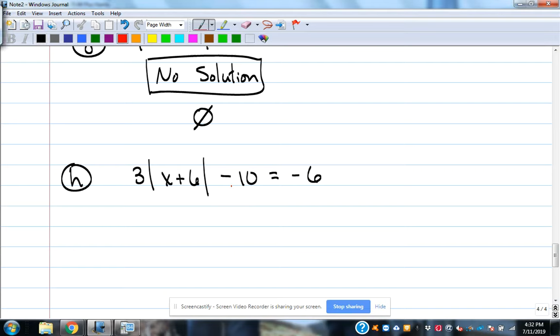So you've got to work to get the absolute value by itself. If I add 10 first, like I did on example F, 3 absolute value of x plus 6 equals negative 6 plus 10, which is positive 4. Now it's equal to a positive, so I've got to keep working.